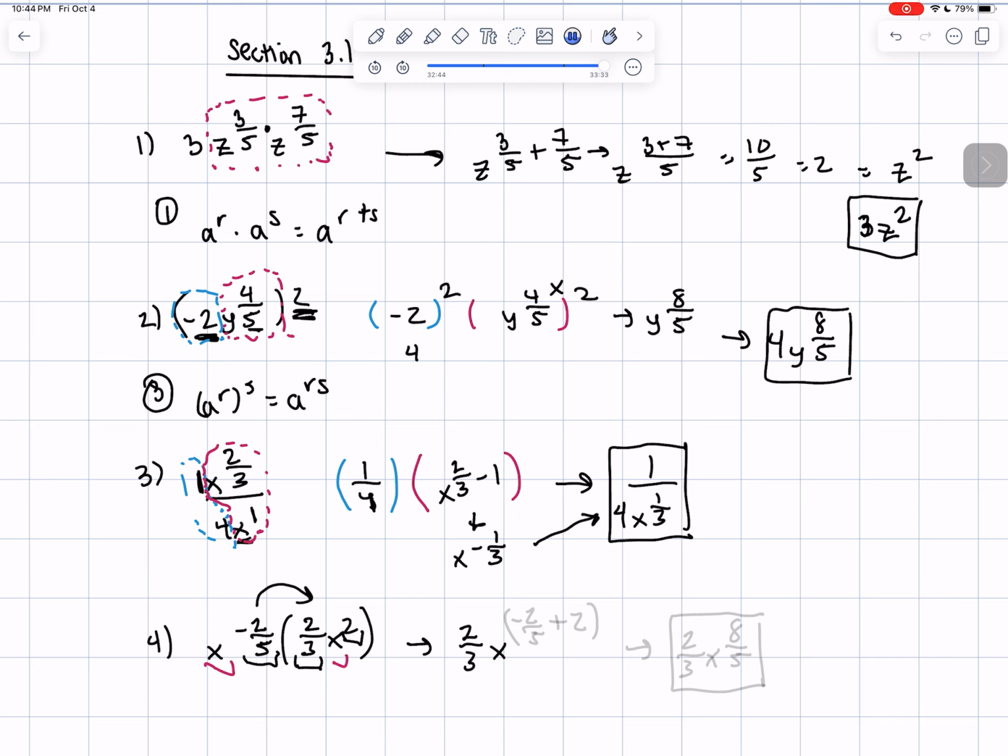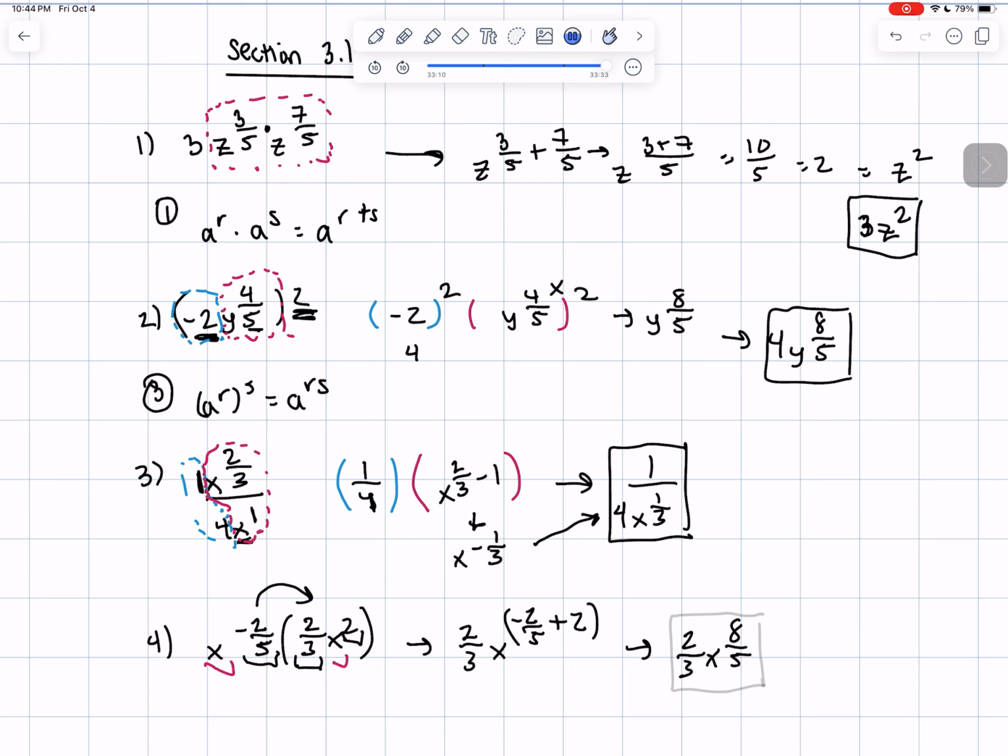So that means it's going to be 2/3, negative 2/5 plus 2. Negative 2/5 plus 2 gives me 8/5. So it's going to be written as 2/3 x to the 8/5.